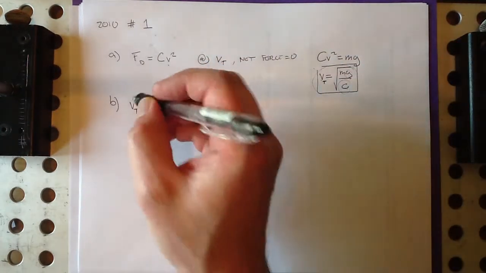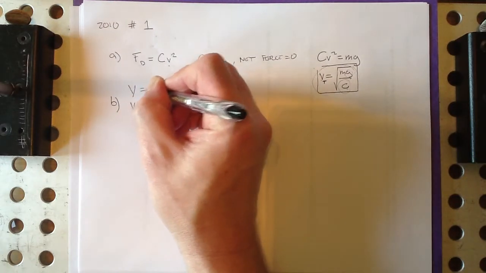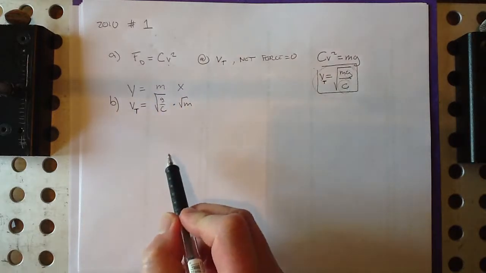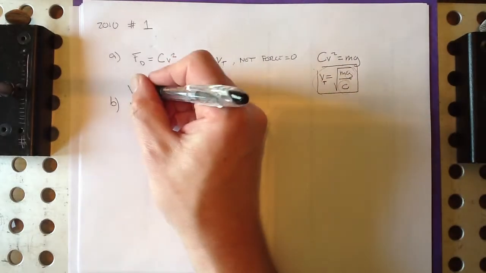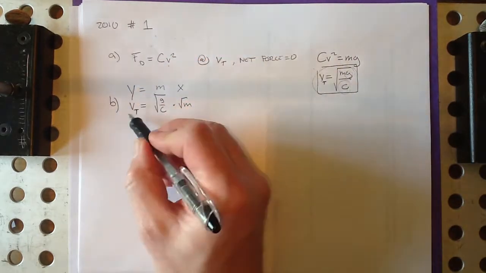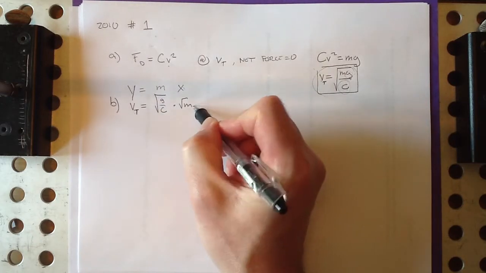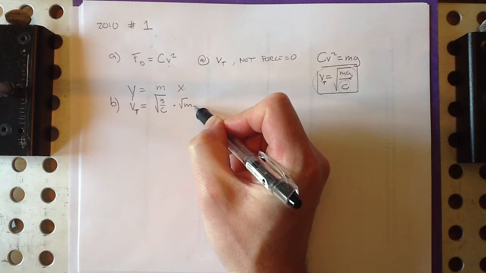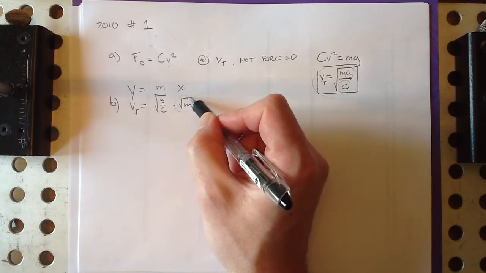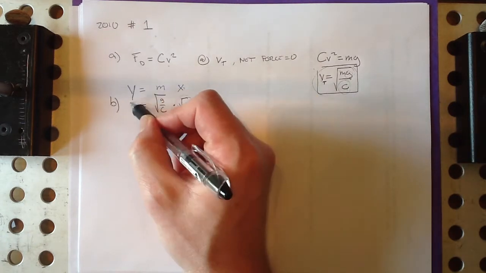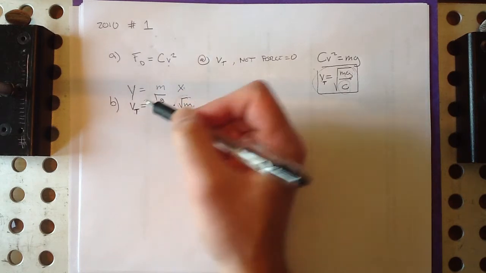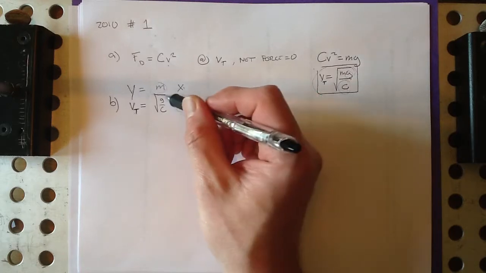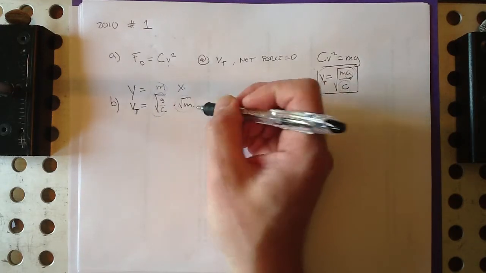So if you think of this as y equals mx, that's what we want. We want to get a straight line. So I could graph this as y and the square root of m as x. This would be my x-axis, the square root of m, and the y-axis would be the terminal velocity. And then my slope of that line, when I find that, I think in the next part, will be equal to this. That's one way to do it.